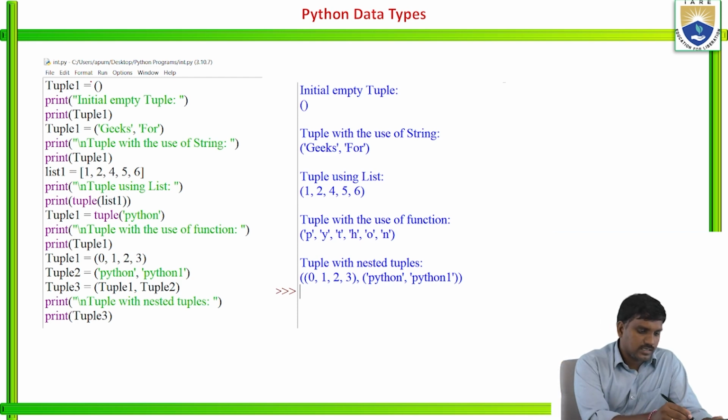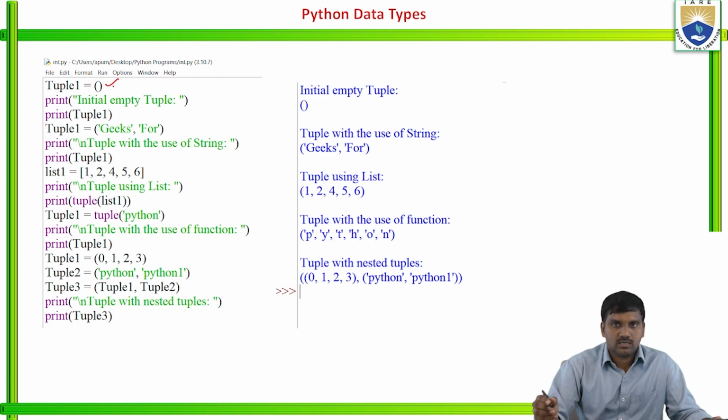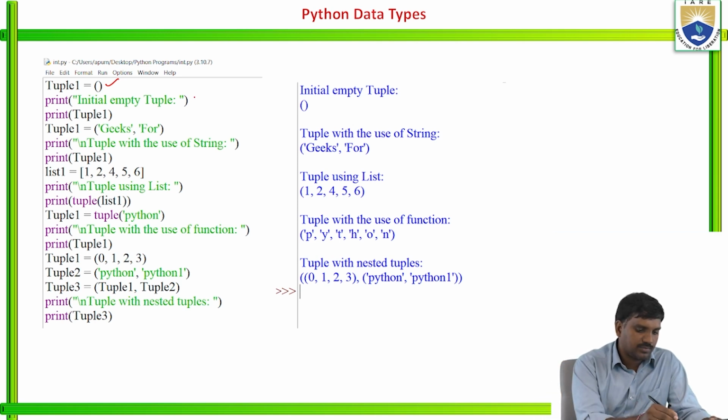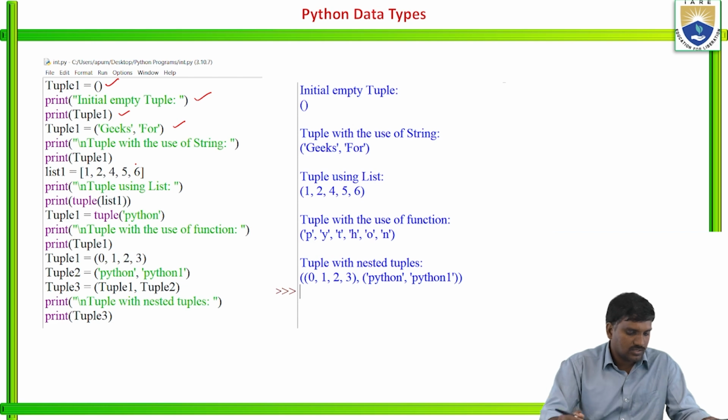Here, tuple one uses simple brackets: an initial empty tuple. Next, tuple two uses strings, and a tuple with a list 1, 2, 4, 5, 6. Then a tuple with the use of functions.